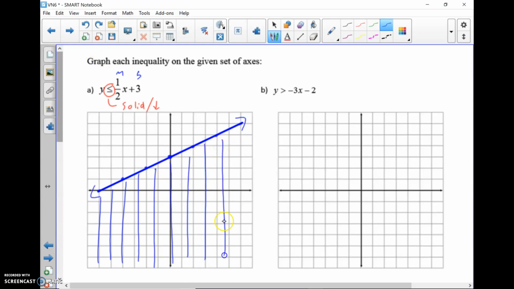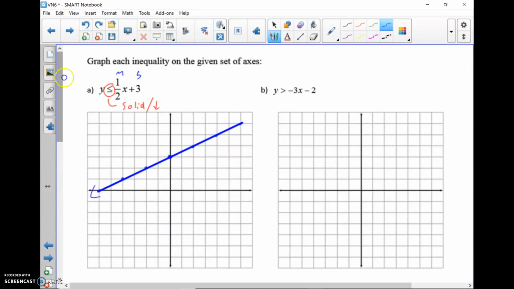Now, as far as shading goes, that's a good amount. Some people will shade too much or too little. Too much is better than too little. You don't want to just draw 1, 2, 3 lines and say that's shading. But you also don't want to spend 5 minutes coloring this all in. That's a waste of time. A good rule is use the graph. I did that one kind of fast, but you can use the lines of the grid if you want to.